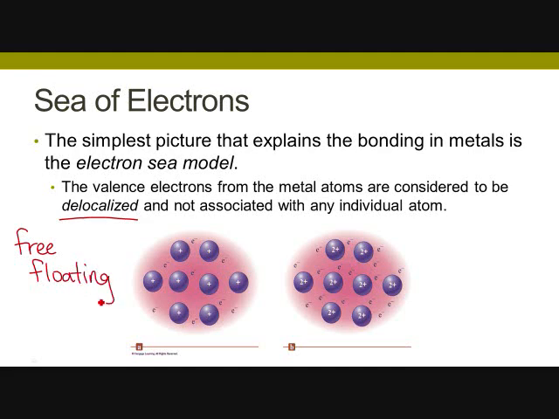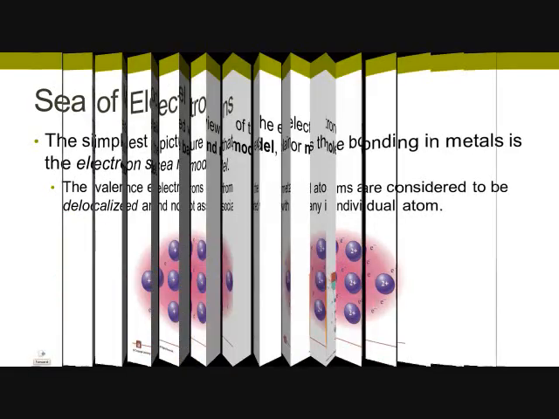In these pictures, the pluses, whether the +1 in picture A or the +2 in picture B, are the nuclei of the metal atoms. The pinkish space with the electrons noted is that delocalized area where the electrons aren't going to stick with their nucleus. They're going to be able to move around freely within that area where all the nuclei are.